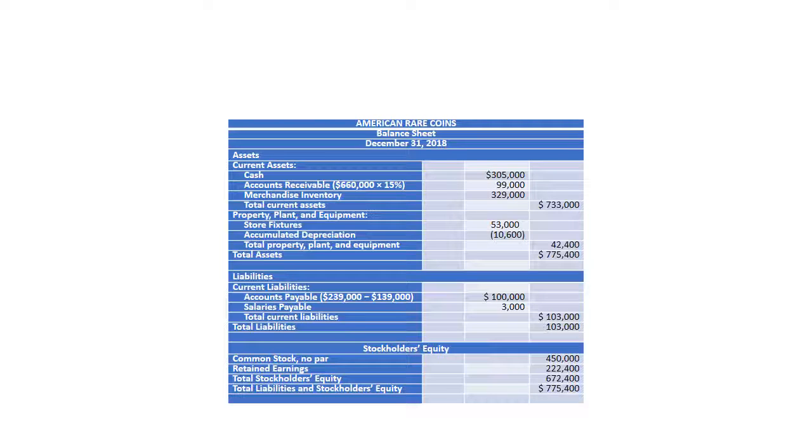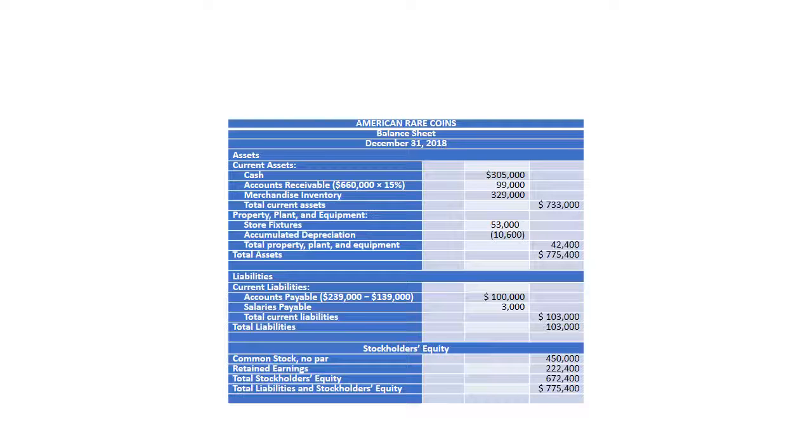And that gives my cash T account a debit balance of $305,000. My accounts receivable has a debit of $660, but a credit of $561 because 85% of them are paid off. So it has a debit balance in it of $99,000. Inventory I already determined.